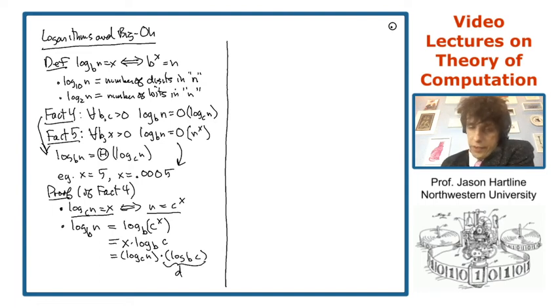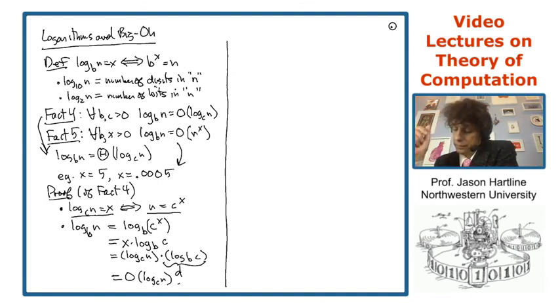And so what we've derived here is that log base b of n is equal to d times log base c of n. And that is the definition of big O. In fact, it's equal. In fact, that's the definition of big theta.